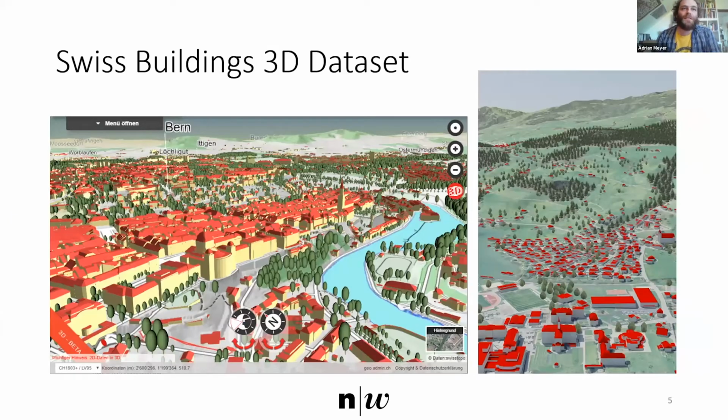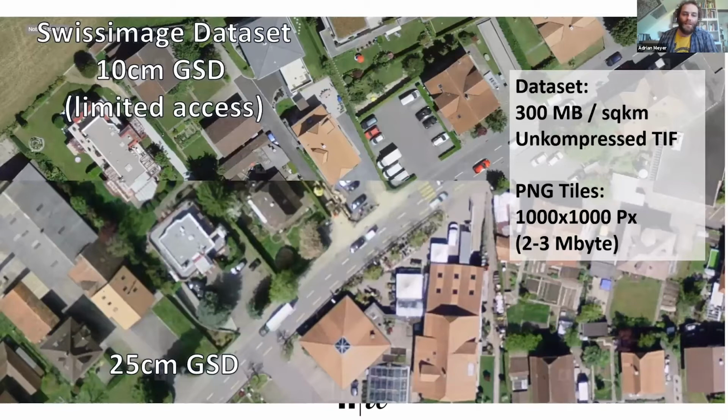So this is the 3D data set that is the basis for this. And a further base for our research was the Swiss Image dataset. This is from the Federal Office for Topography in Switzerland, and recently they advanced their ground resolution to 10 centimeters per pixel, and you can see, hopefully, on the video transmission, how much of a difference this makes, going from 25 centimeters to 10 centimeters.